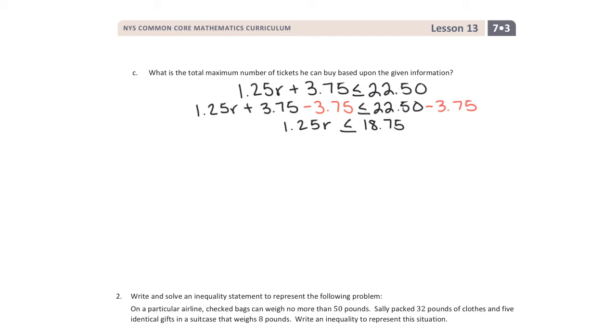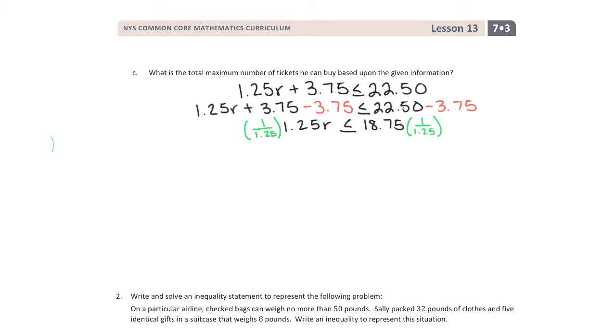To get R by itself, I need to think of what my multiplicative inverse of 125 is. The reason why I need to know my multiplicative inverse is because I see that 125 and R are being multiplied by one another. So what is the multiplicative inverse of 125? It's going to be 1 over 125. Now what I do to the one side, I have to do to the other. So I have 1 over 125.